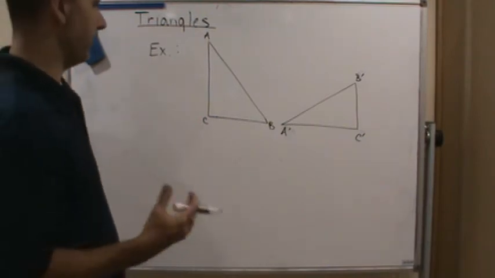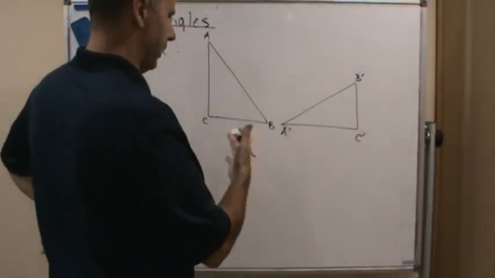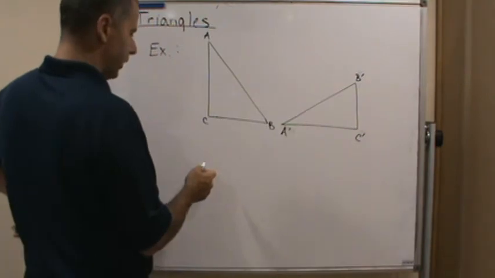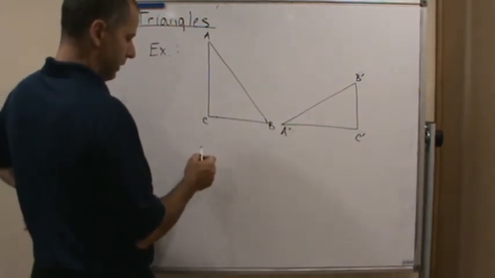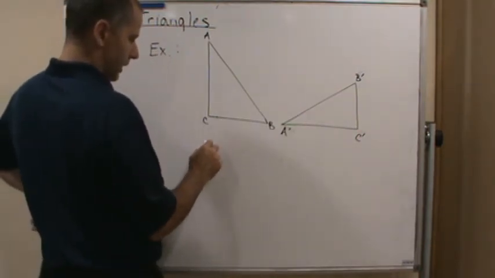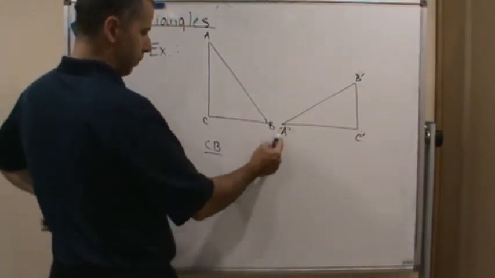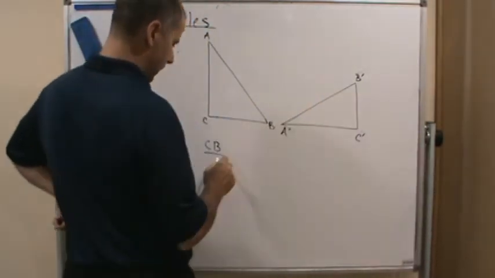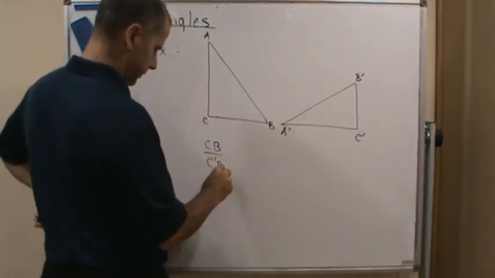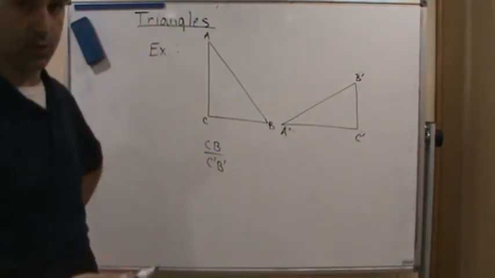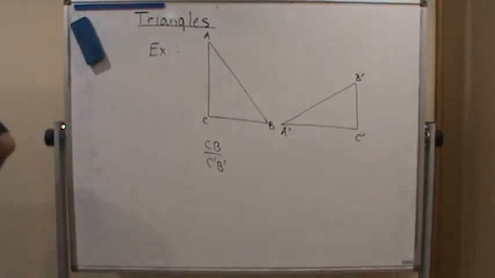Now that we know how to match these up, we know that CB is proportional to C prime, B prime, because they're similar. That's a given.